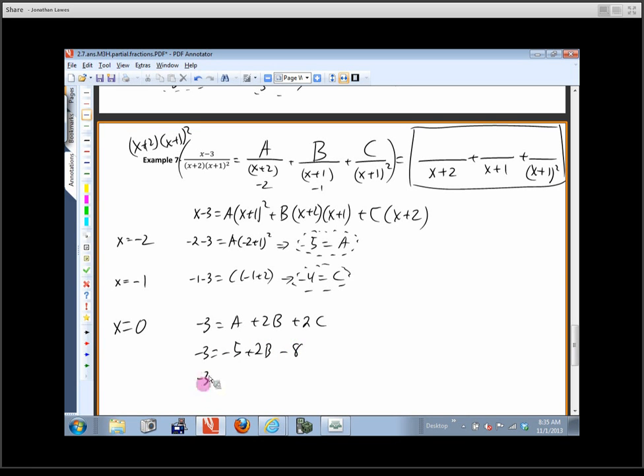So this is -3 equals 2B minus 13. Move that over to the other side by adding 13, so I get 10 equals 2B, so that means B equals 5. Got A, got B, got C. So we're going to write -5 on top of this, 5 on top of this, and -4 on top of this, and there's our answer.